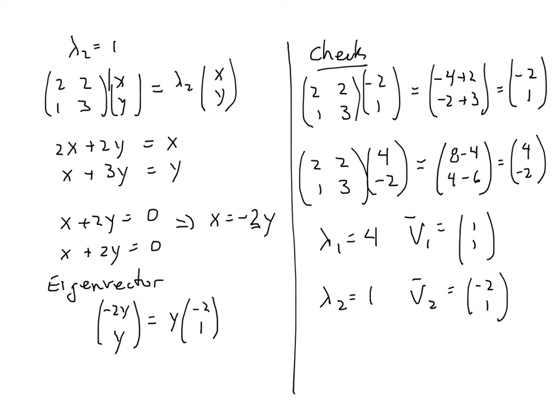The eigenvalues are unique. These are the only possible eigenvalues for the matrix 2, 2, 1, 3. The eigenvectors are not unique. I could have used 2, 2 as my eigenvector, 3, 3, minus 1, minus 1. Anything that lies in this direction is an eigenvector. Same thing here too, not unique.